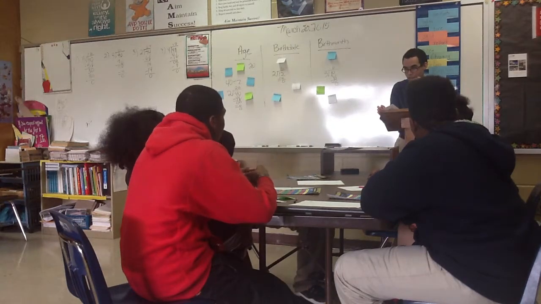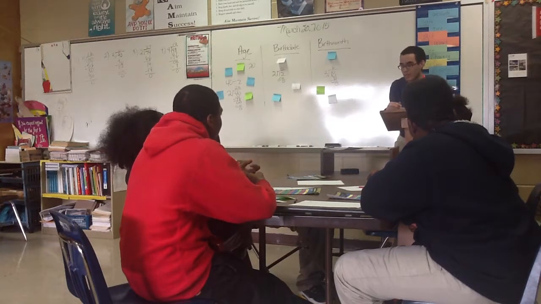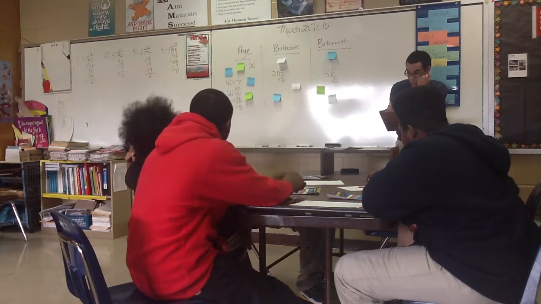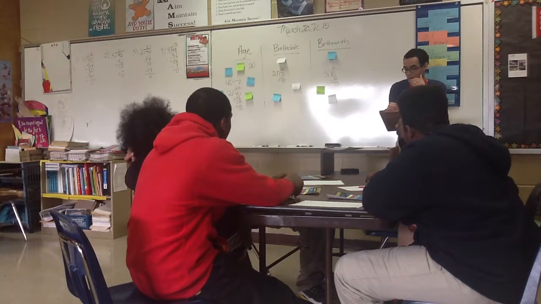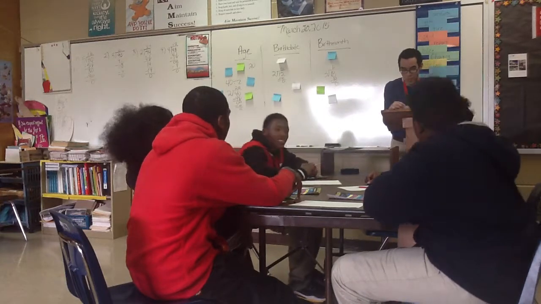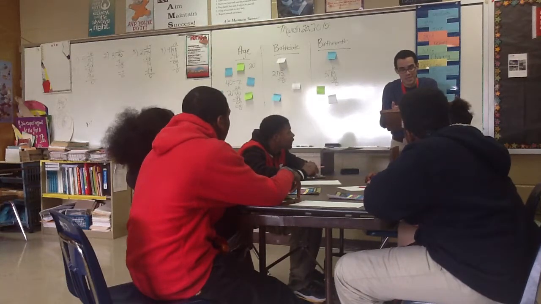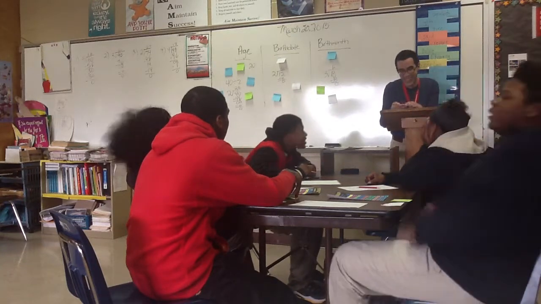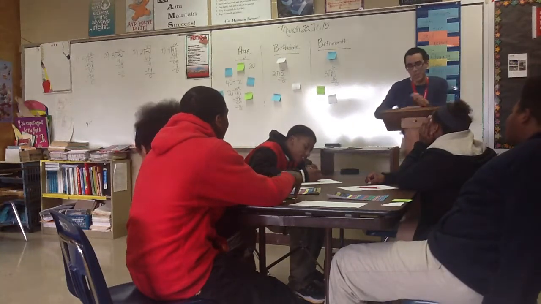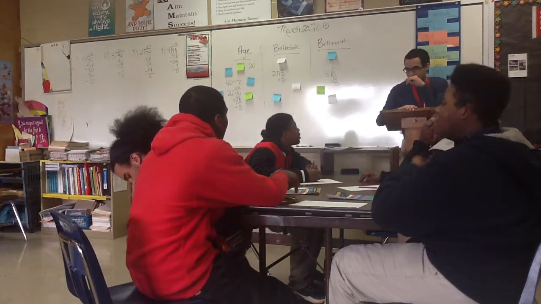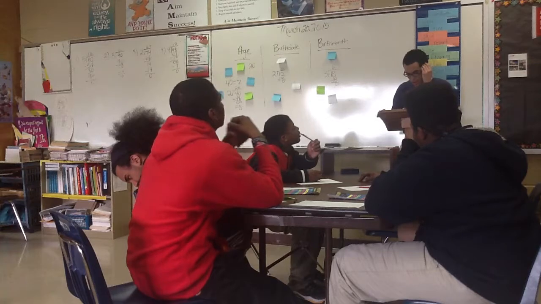Wait, you said 30? What's 4 times 10? 40. Minus 4. 36. Oh, snap. You were right. You said 9. How many times will 8 go into 56? 7. How many times will 3 go into 30? 10.